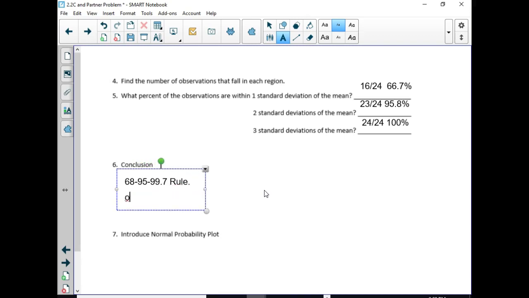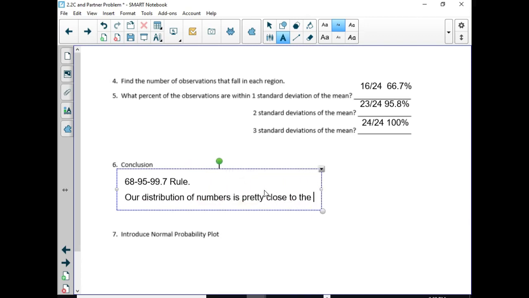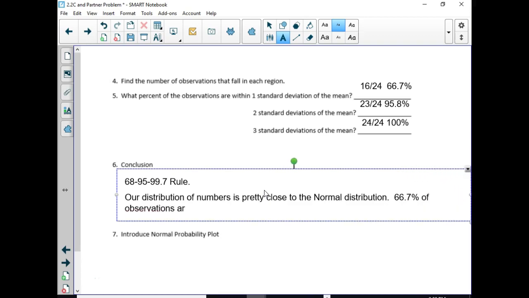I could say our distribution of numbers is pretty close to the normal distribution. 66.7% of observations are within 1 standard deviation of the mean.